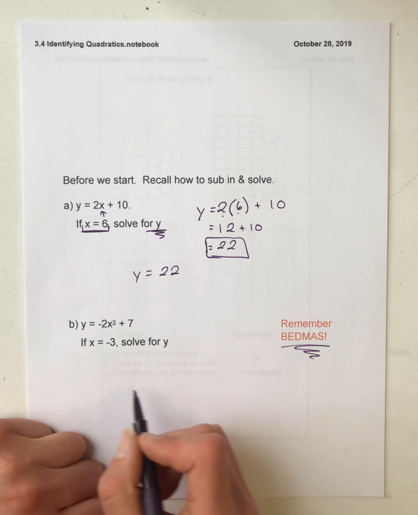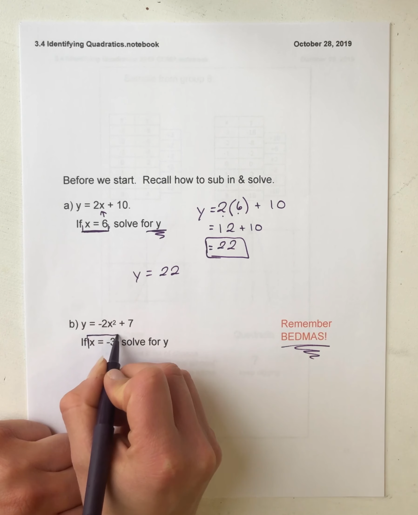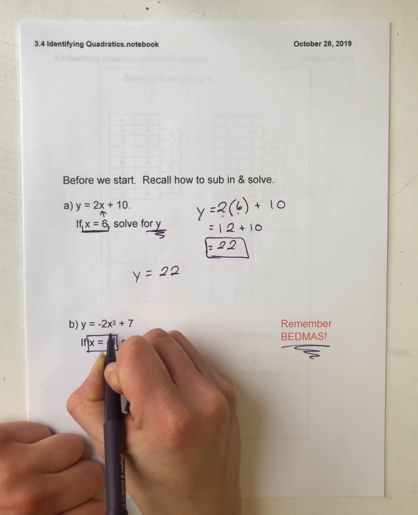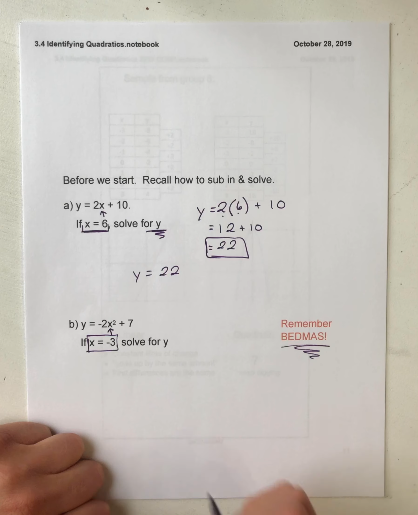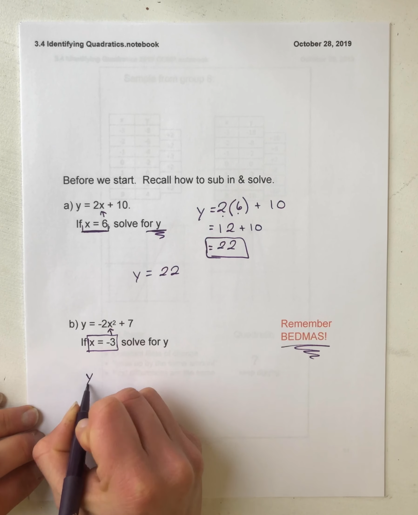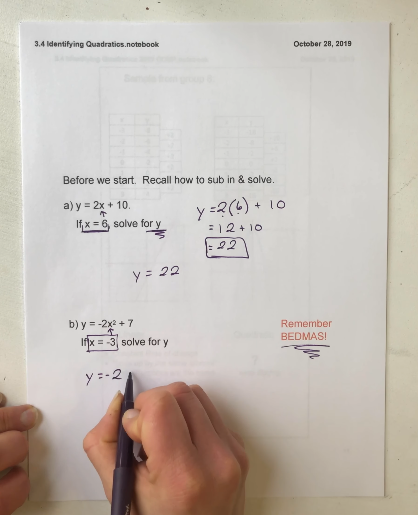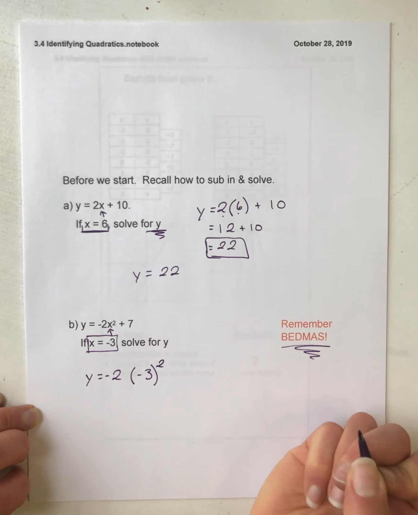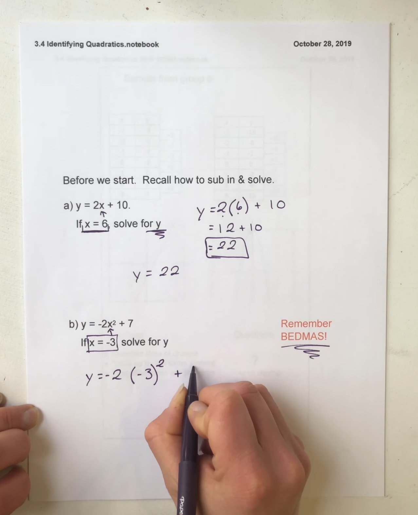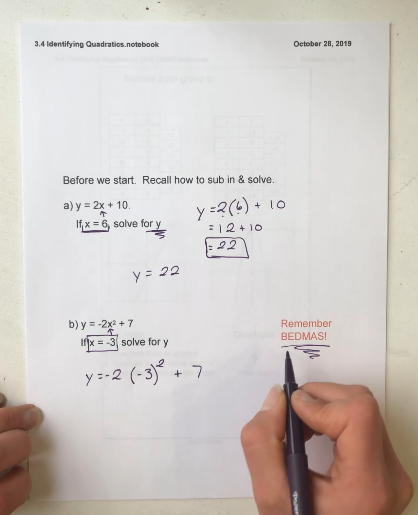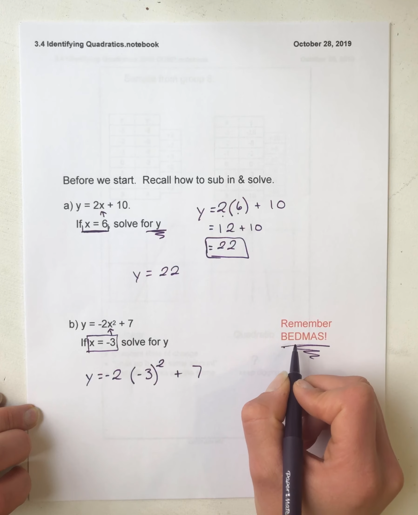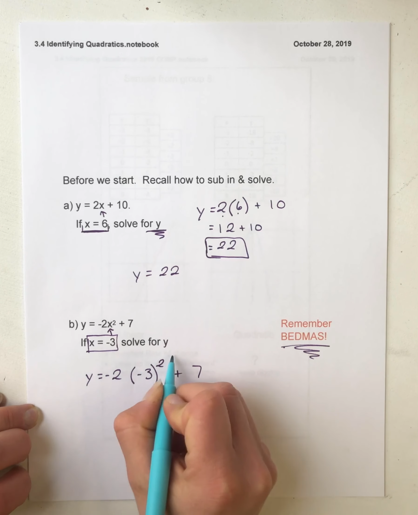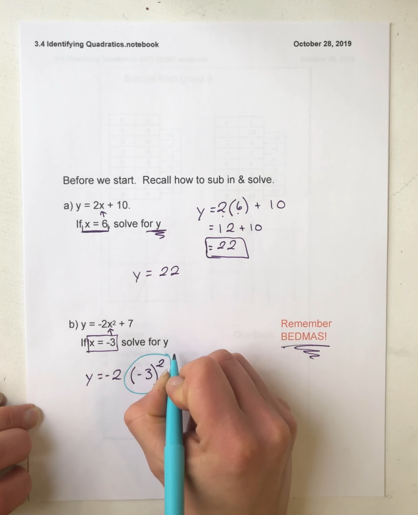And now we're going to plug it in here. So we have x equals -3. And what we're going to do is take -3 and plug it into the x. So then we're going to end up with y equals -2 times -3 to the exponent 2 plus 7. Now remember with BEDMAS, our exponent here comes first.